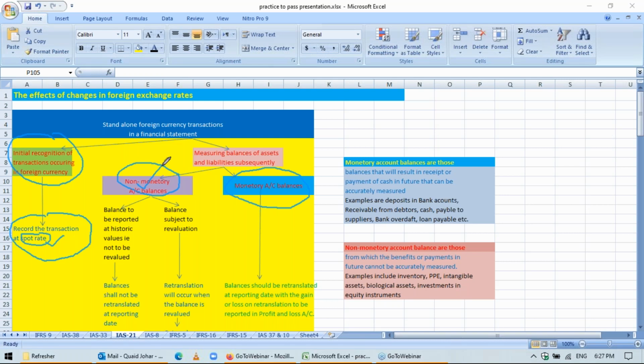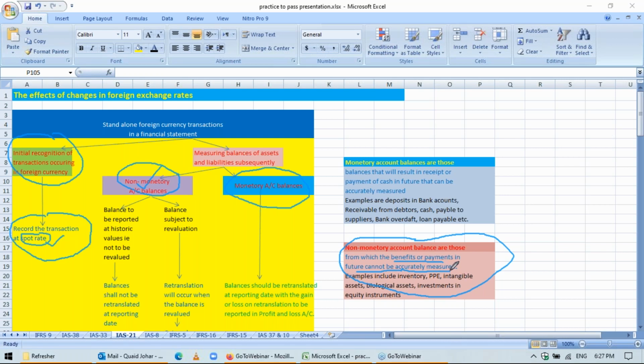Now what is a non-monetary asset and what is a monetary asset? It is defined on the right hand side of your screen. If you see the light maroon color block, non-monetary account balance. What is a non-monetary account balance? One from which the benefit or payments in future cannot be accurately measured.